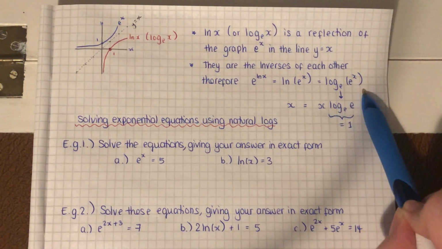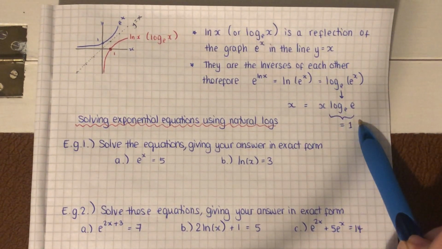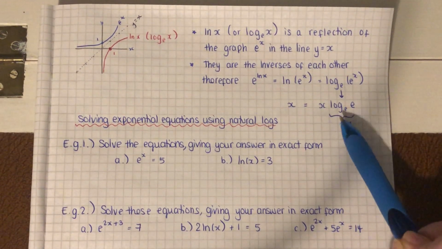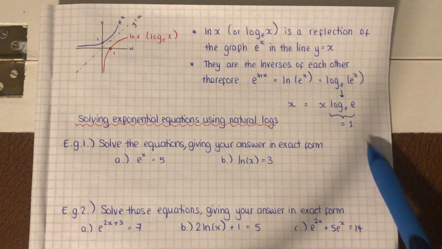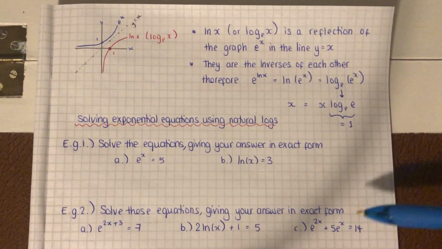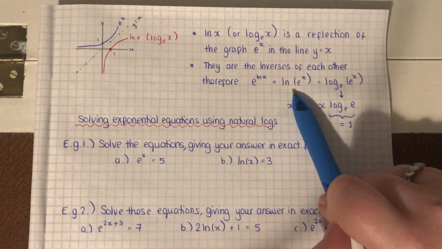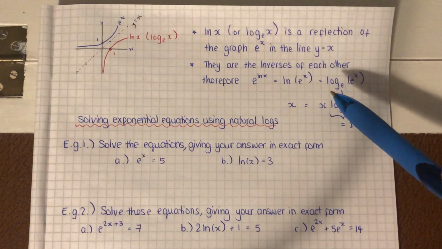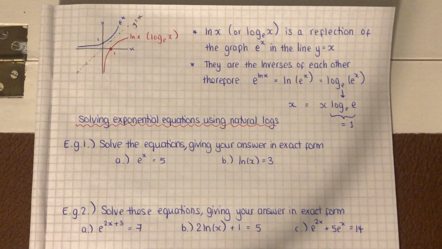Now using the laws of logs, the power can then come to the front, so it would look like this. And just remembering that if you've got a log with the base and the number being the same, that's equal to 1. It does work in reverse as well. So if you had ln of x and you took the exponential of that, you would then be able to get x as well. So we're going to be using those rules to help us with these questions here.